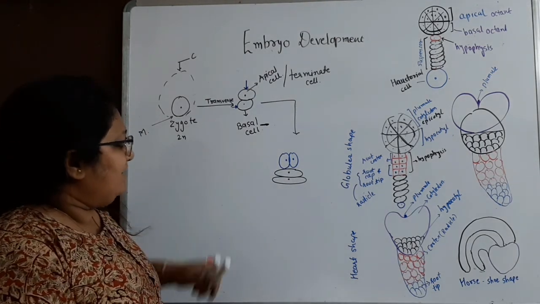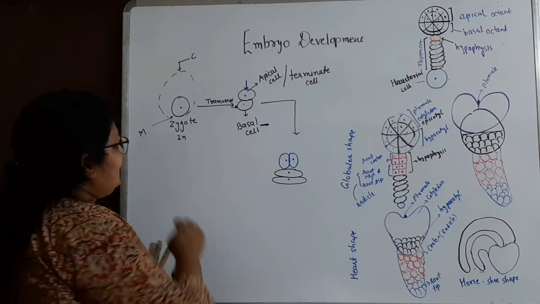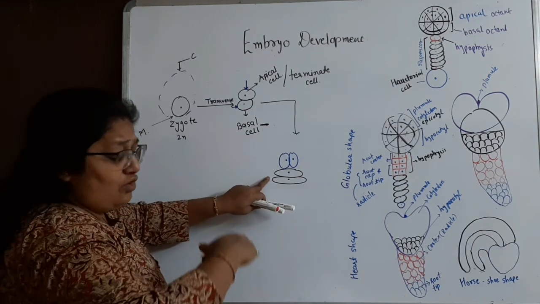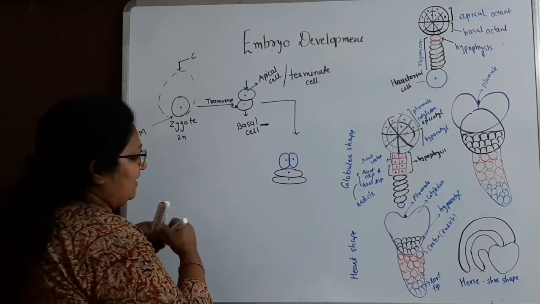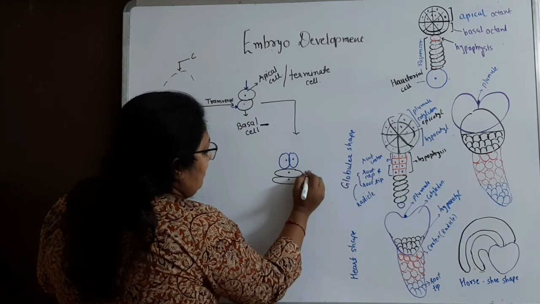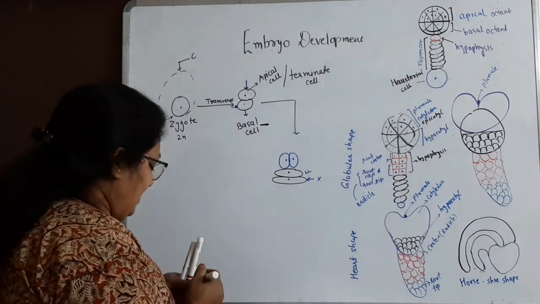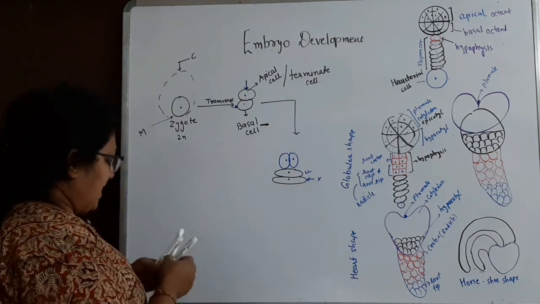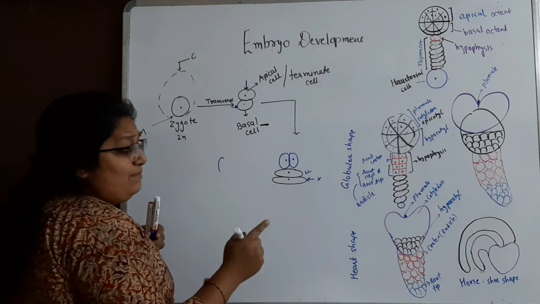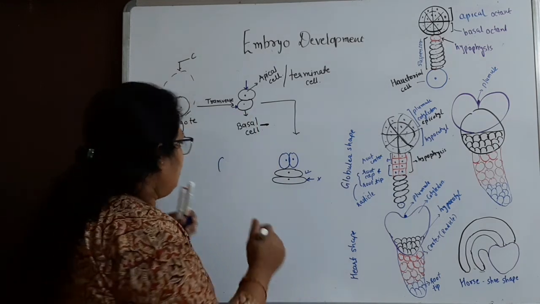Now the next division. From the two basal cells, the basal cell located towards the micropyle will not divide, but the remaining one divides many times and forms a mass of cells. Simultaneously the apical cells also divide longitudinally.